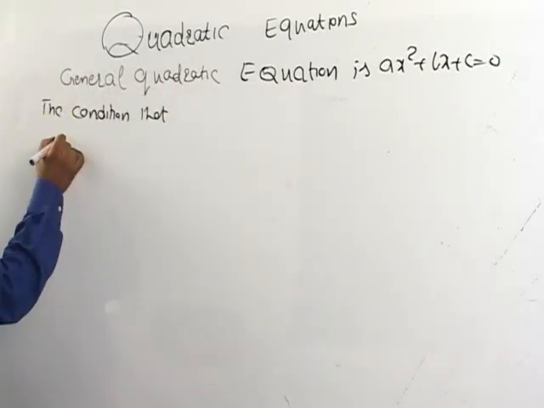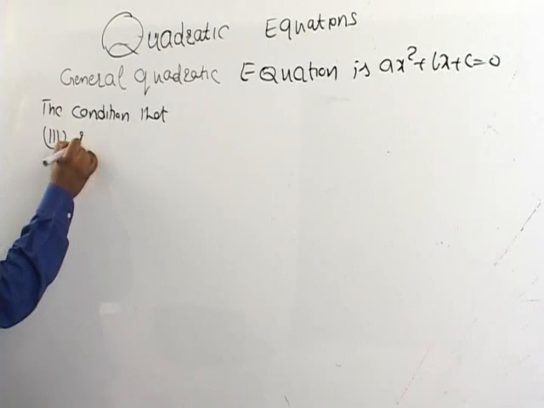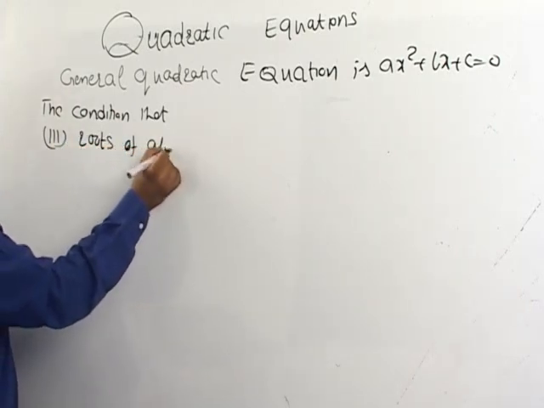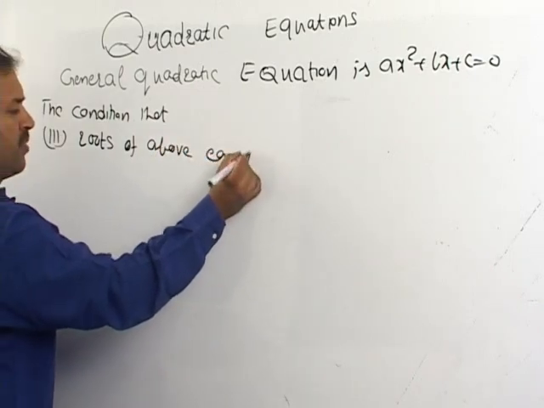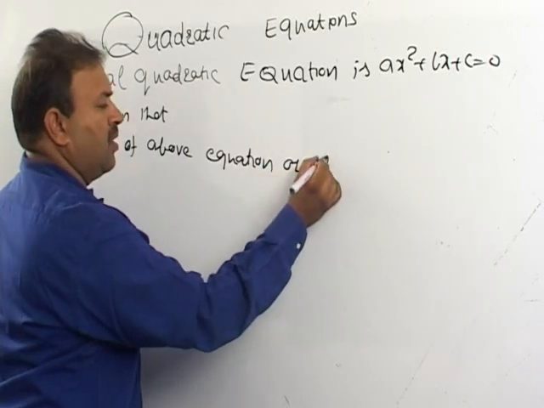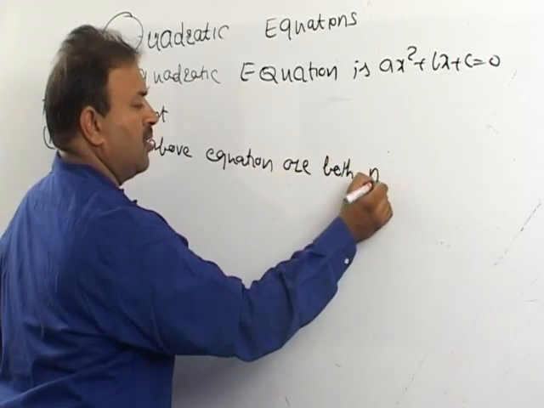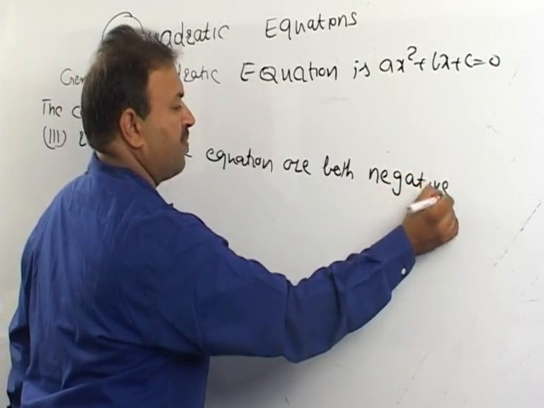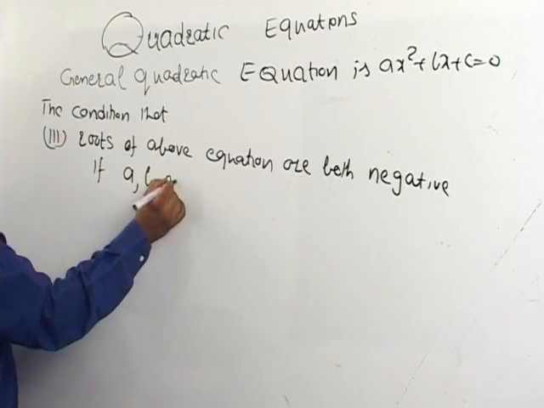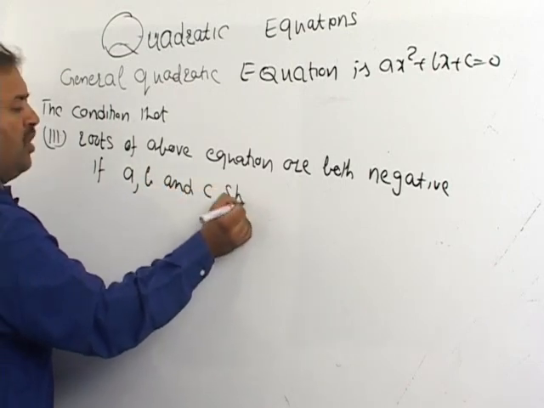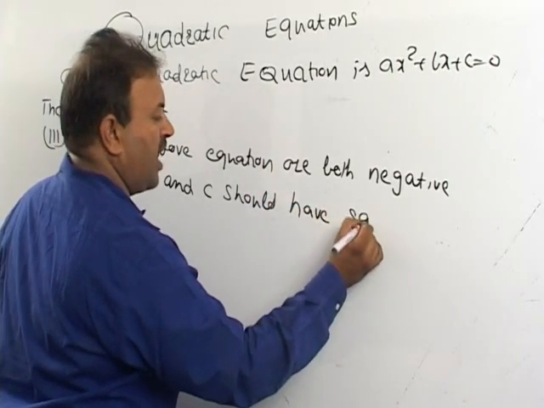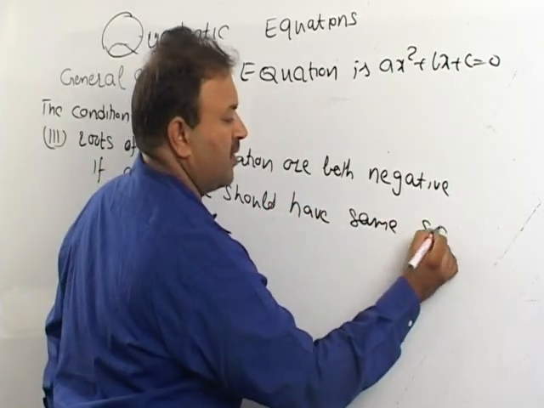The condition for the third point: the roots of the above equation are both negative if A, B and C should have the same sign.